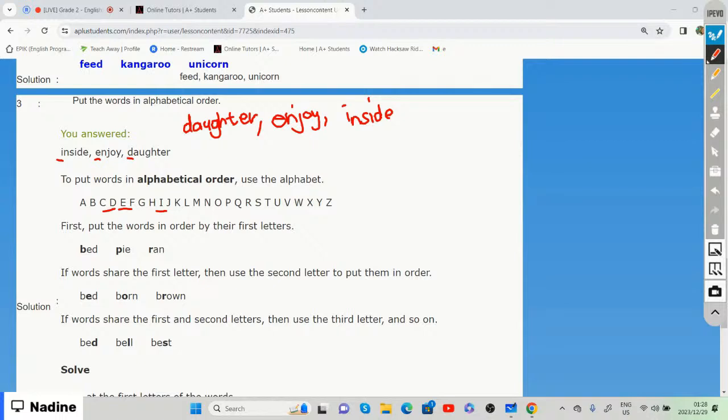So daughter, enjoy, and inside. So that is in alphabetical order by putting the words by the first letters.